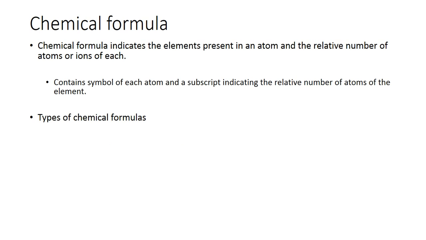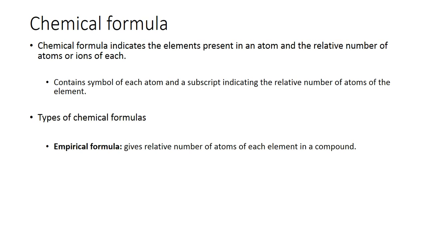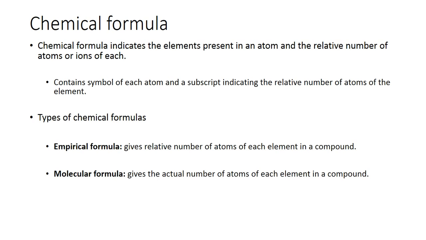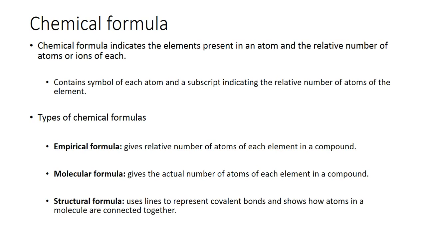So we have different types of chemical formulas. The first one is the empirical formula. This one gives the smallest ratio. It gives the relative number of atoms of each element in a compound, that smallest ratio. Then we have a molecular formula, which gives you the actual number of atoms of each element in a compound.